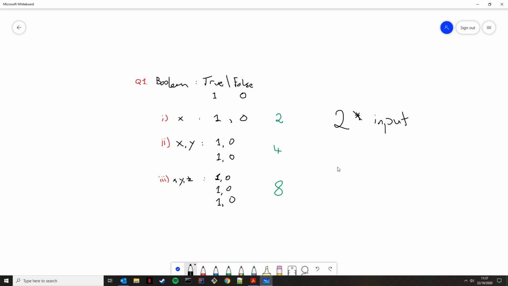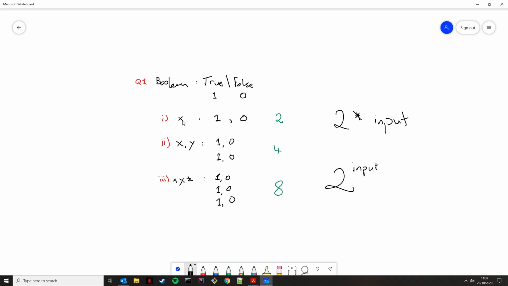It's 2 to the power of the number of inputs. So 2 because we can have a 1 or a 0 as our output, and input is the number we can have.